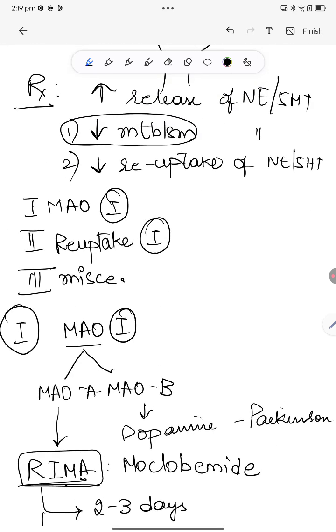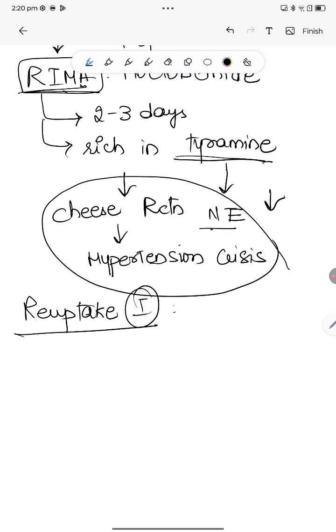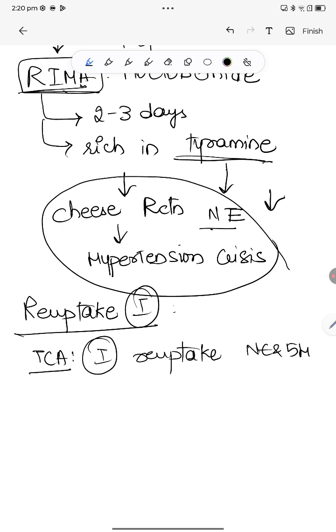Now let us talk about our second group, that is reuptake inhibitors. From point one, we were talking mainly about norepinephrine and serotonin. So basically, these reuptake inhibitors are classified as tricyclic antidepressants, which inhibit the reuptake of both norepinephrine and serotonin.